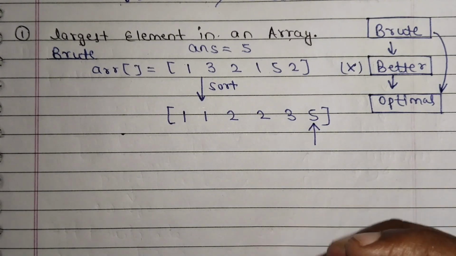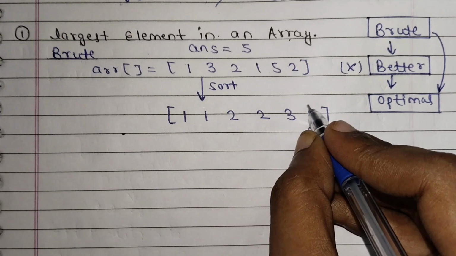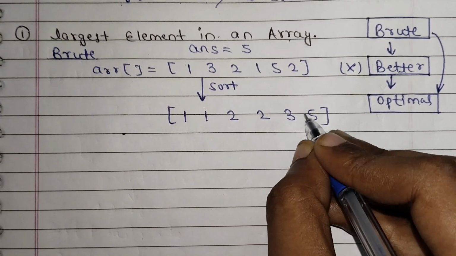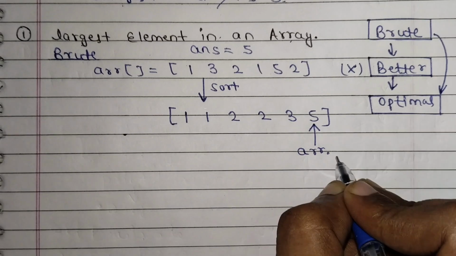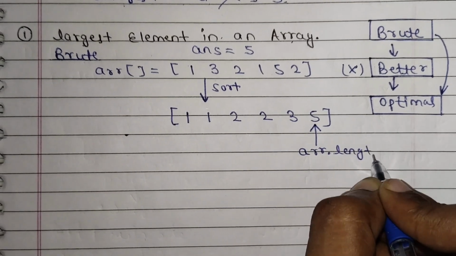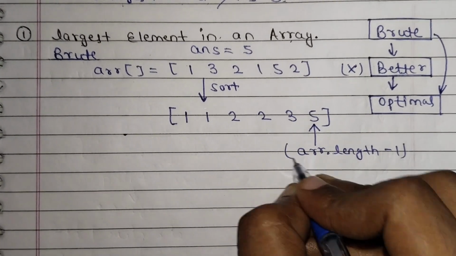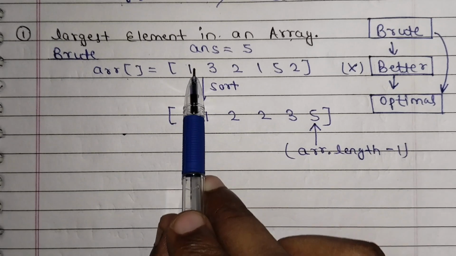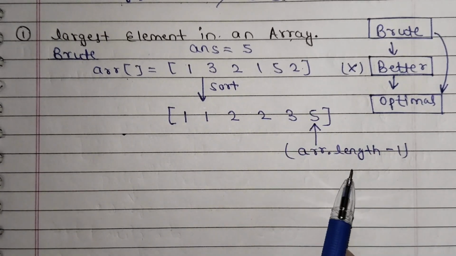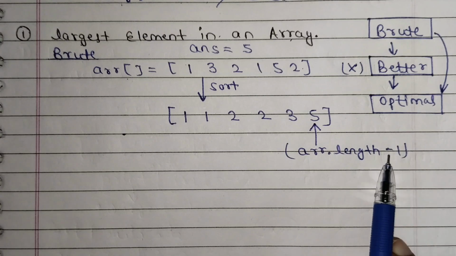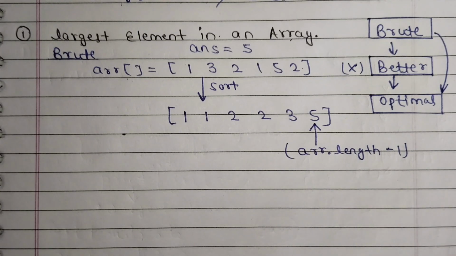The index of this element is arr.length minus 1. The length of this array is 1, 2, 3, 4, 5, 6, and if we subtract 1 from 6, we get 5.